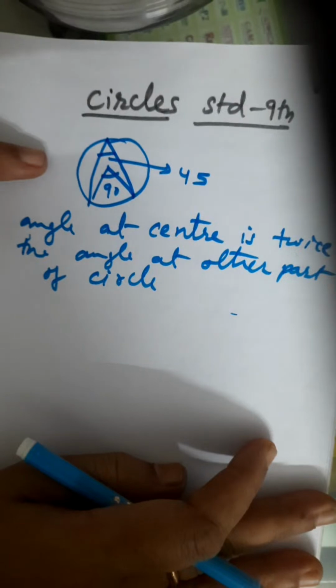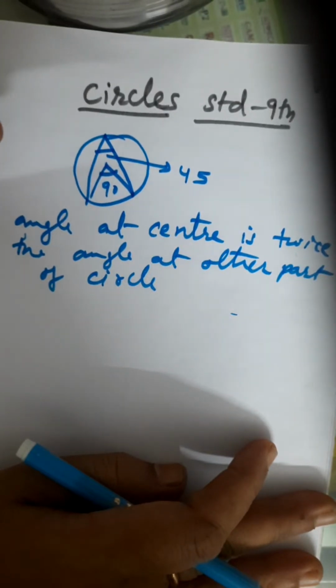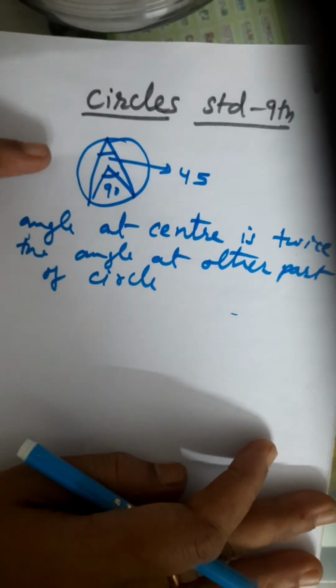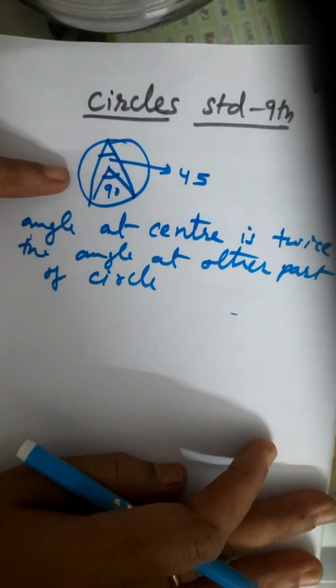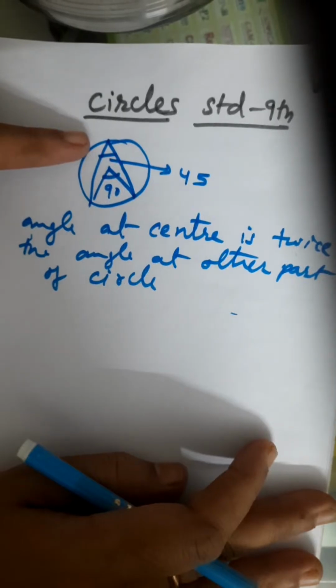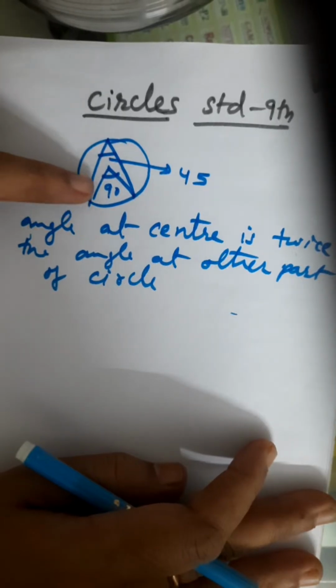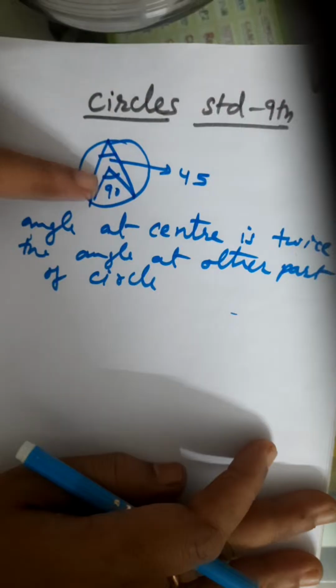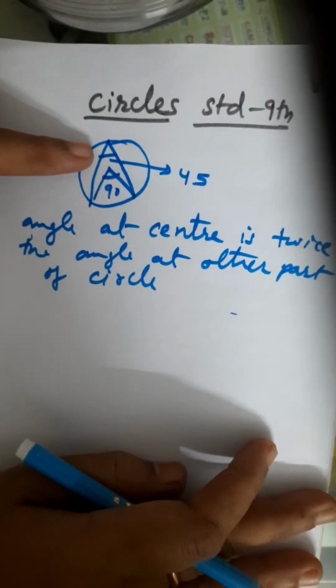This is the first property which they are going to ask in MCQs, where they will give one angle, either at the center or the other, and ask you to find the other. So if the angle at the center is 90, the angle at other part of the circle will be 45.